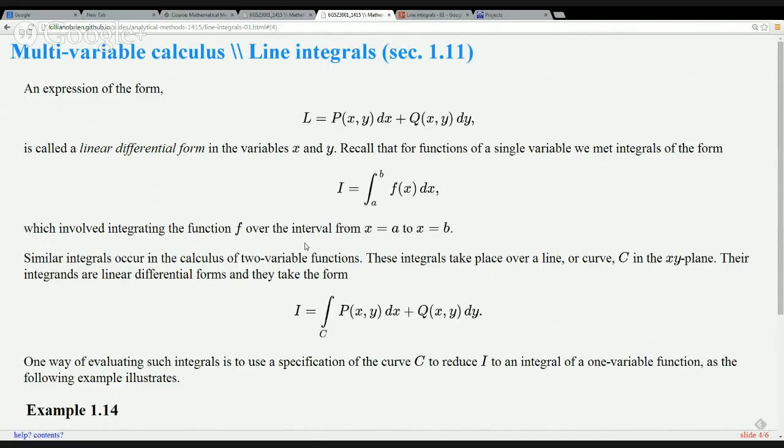So the first case we're going to look at are these things called line integrals. This is in section 1.11.